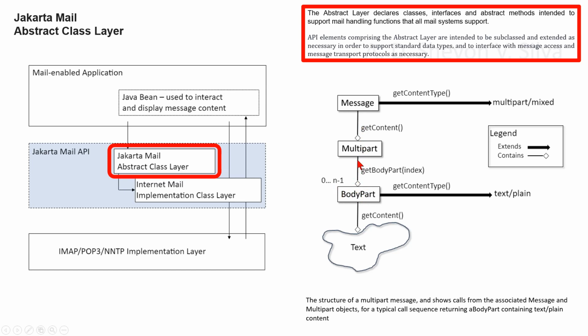The multipart is connected to a body part via getBodyPart(index), here 0 to n-1. The body part is connected to text plain via getContentType, and the body part contains text. The body part is connected to the text via the getContent method.